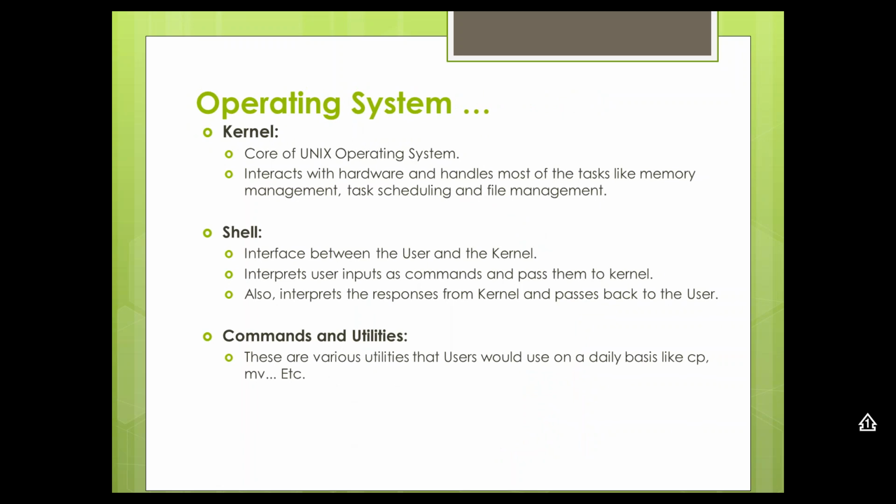When I say Unix, it can be Unix, Linux, or Mac OS X. The kernel handles different tasks like memory management, task scheduling, and file management using the file system. When you say operating system, that is your kernel. When somebody says they are developing an operating system, they are actually developing the kernel of that operating system.